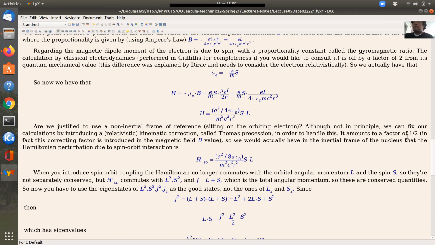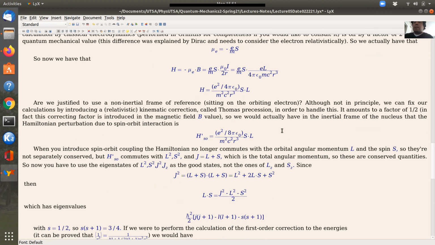It basically amounts to a factor of 1/2, and actually the factor is related to the correction of the magnetic field value. So just FYI, we have to introduce that factor to go from the non-inertial frame result to the inertial frame one. And if we divide the formula above by 2, we have 1/8 instead of 1/4 for the spin-orbit interaction.